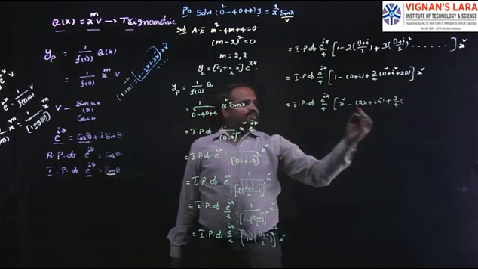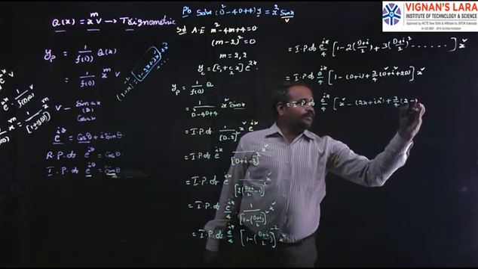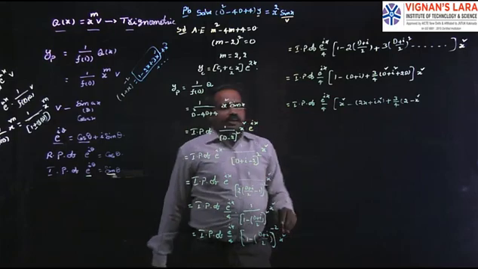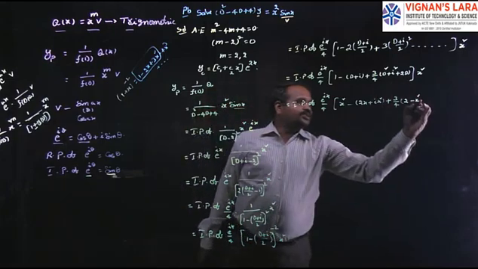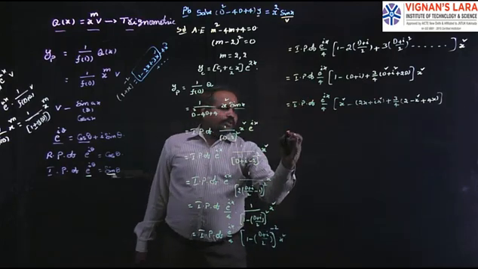First derivative is 2x, second derivative is 2, i square value minus 1 into x square minus x square, derivative of x square is 2x, 2 into 2x plus 4x.